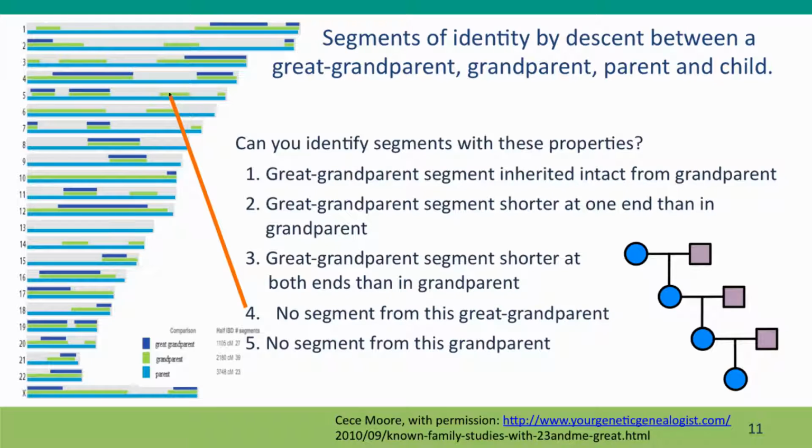There's no dark blue DNA in this region at all. This would be a segment that came from the other great-grandparent. And we can find segments where there's no segment even from the grandparent. For instance, this whole chromosome, the child inherited the grandmother's chromosome and nothing from the grandfather.